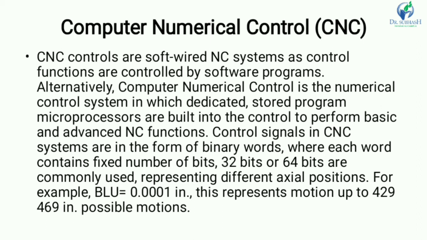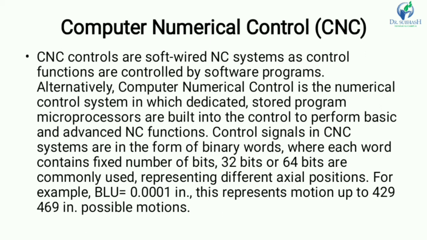The control signals in CNC systems are in the form of binary words, where each word contains a fixed number of bytes, that is 32 bytes or 64 bytes are commonly used, representing the different axial positions.